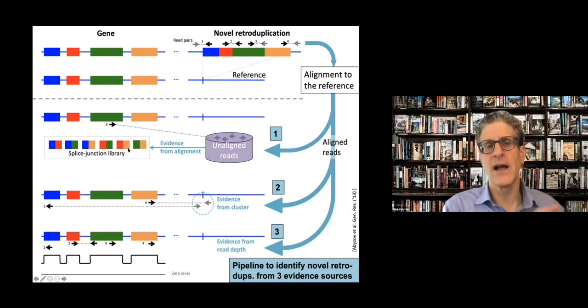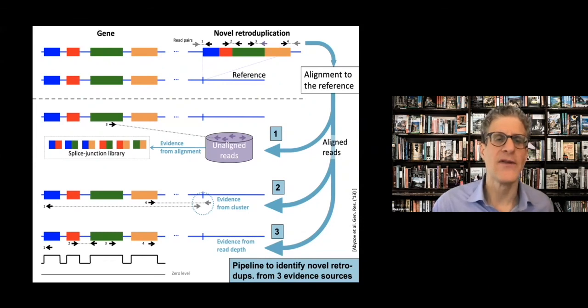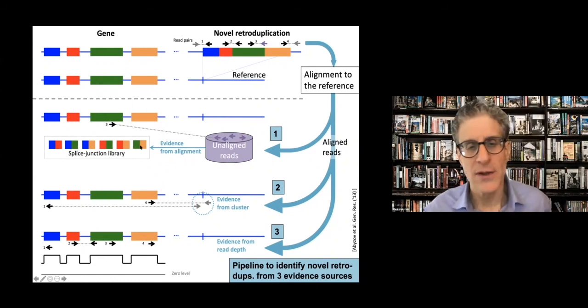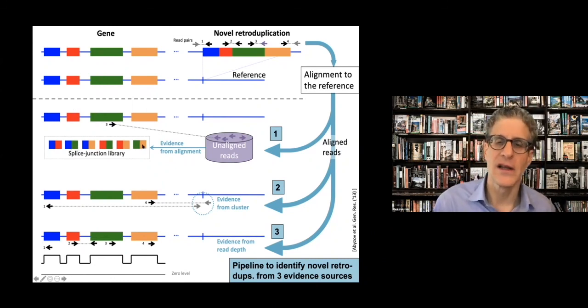They'll take all of the sequences that could have been spliced together, and they'll say, we don't know if we have a retroduplication or whatnot, but we're just going to make up all possible splices from that. So they'll take this and this. They'll imagine that maybe there's a splicing that has the blue and the green, and they'll splice that together. So they'll make up a huge splice junction library.